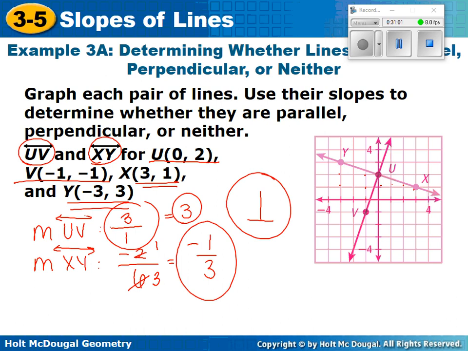So this point right here crosses the x. What do we call a point that crosses the x-axis? X-intercept. An x-intercept has an ordered pair. What's going to be the y value of an x-intercept? 0. The x value is what's going to go here, and we usually call that a.